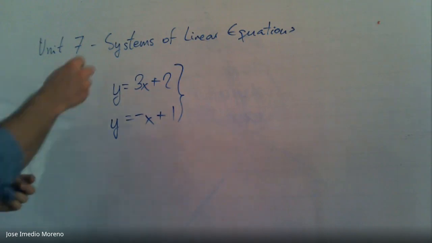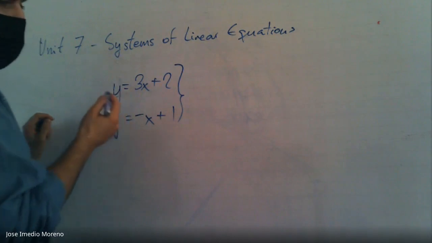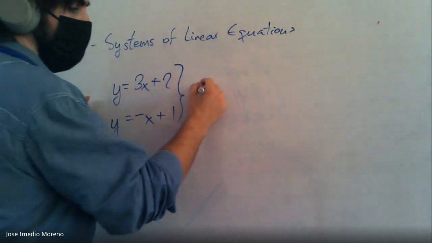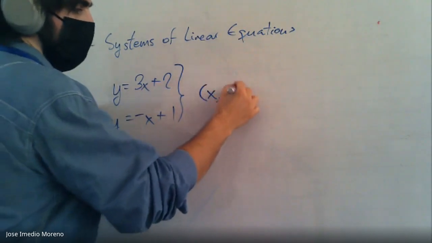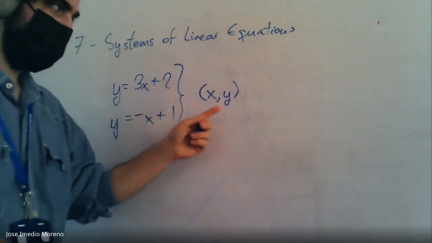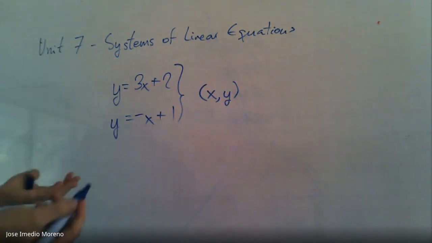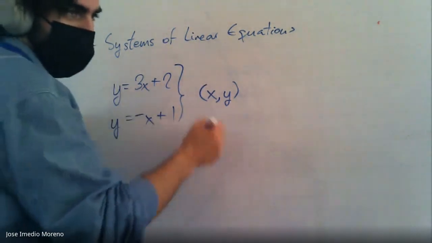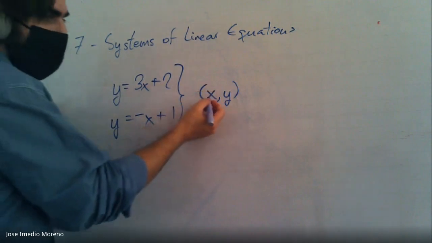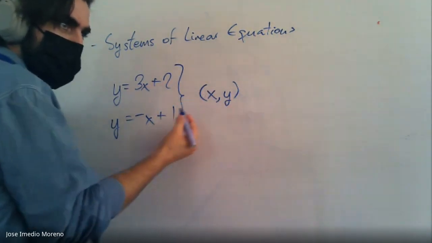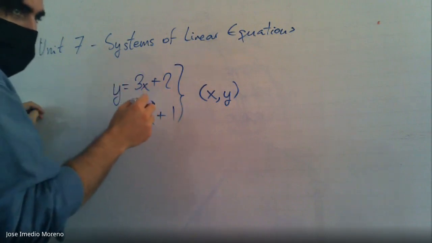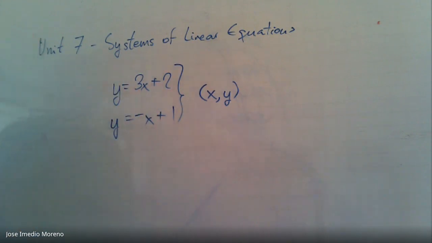I want to find a point, a coordinate pair with an x and a y coordinate, that represents the intersection of the lines. It also represents the values for x and y that are true at the same time in both equalities.